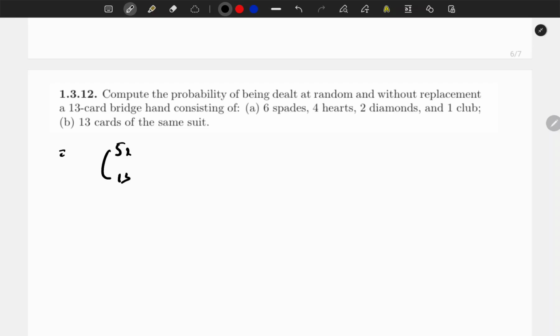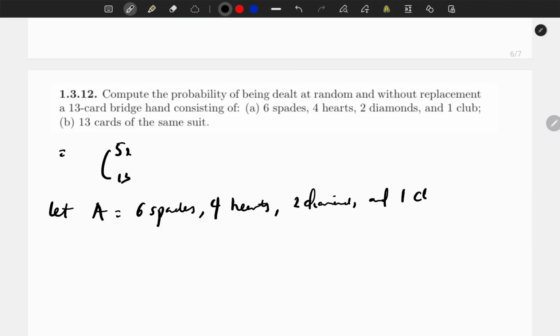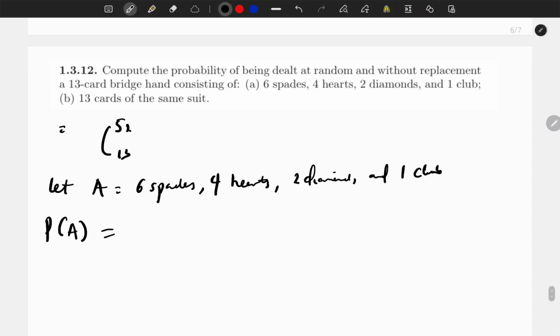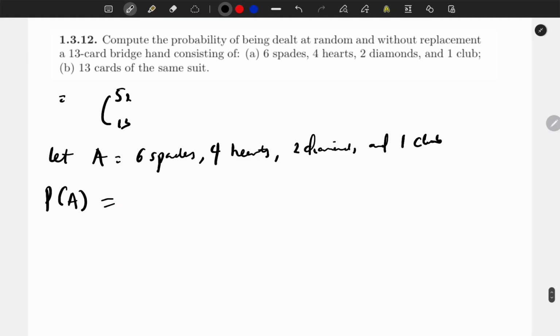Let A be the event of 6 spades, 4 hearts, 2 diamonds, and 1 club. The probability of event A equals: for 6 spades, we know that we have 13 spades, so we pick 6 out of 13. For hearts, we have 13 hearts, so out of 13 we pick 4.